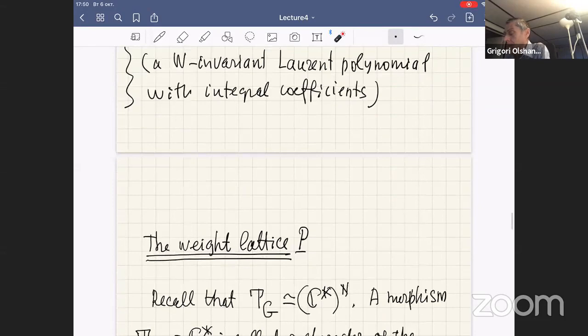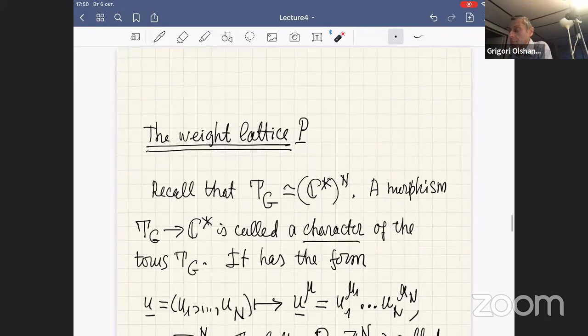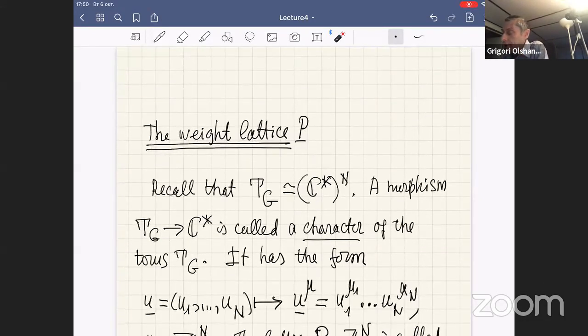Now I would like to introduce some extra notation and explain the integrality. We need the very important notion of the weight lattice associated to our group. I recall that the structure of our maximal torus is of this type.